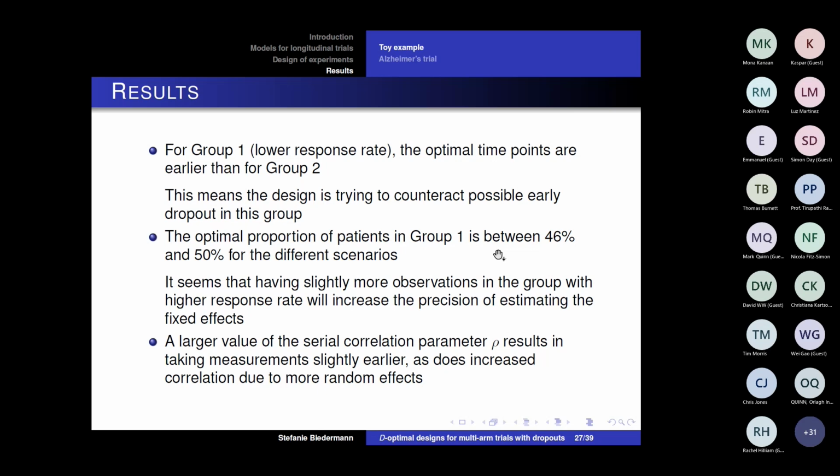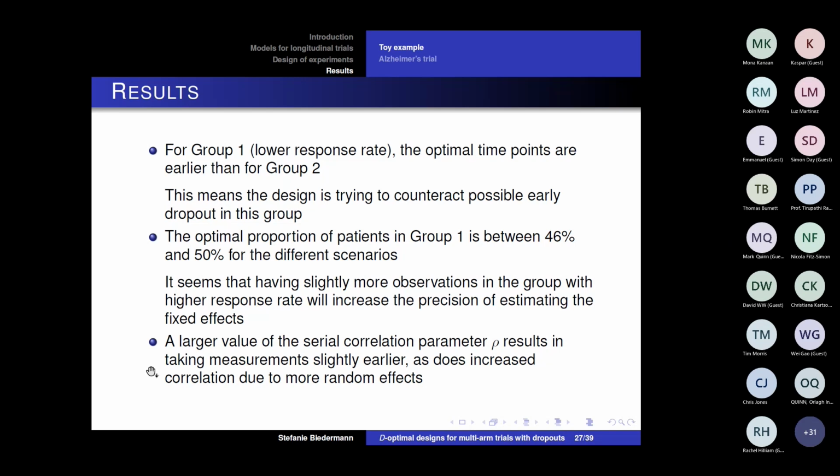So it's rather close to equal allocation, but we found it slightly counterintuitive that the group with a lower response rate would want slightly fewer patients in some cases. But it seems to be better for increasing the precision of estimation, but it's not clear why this is happening.